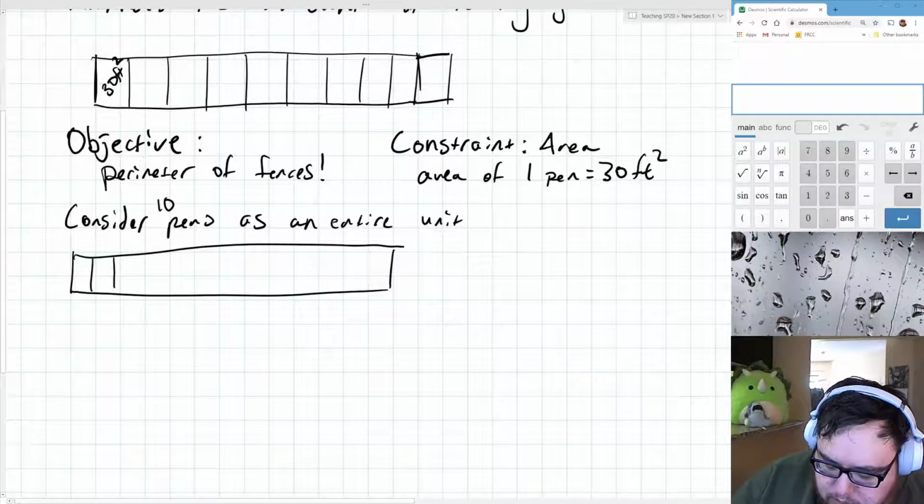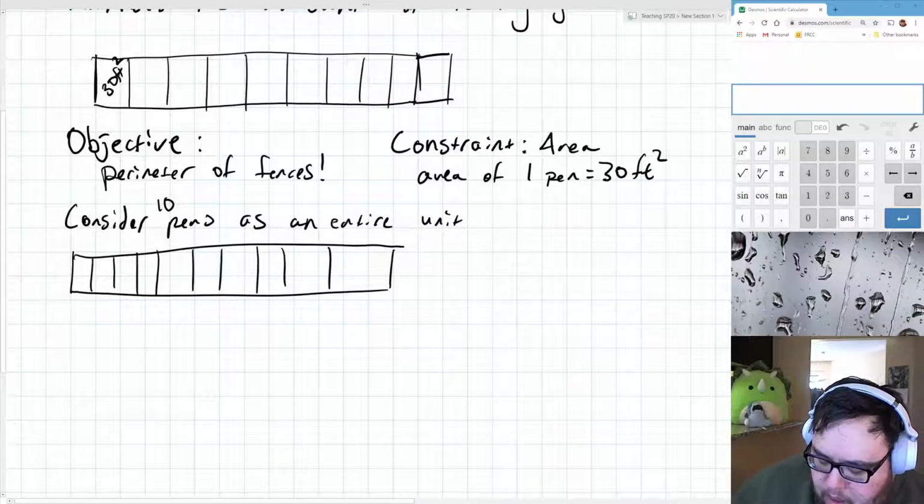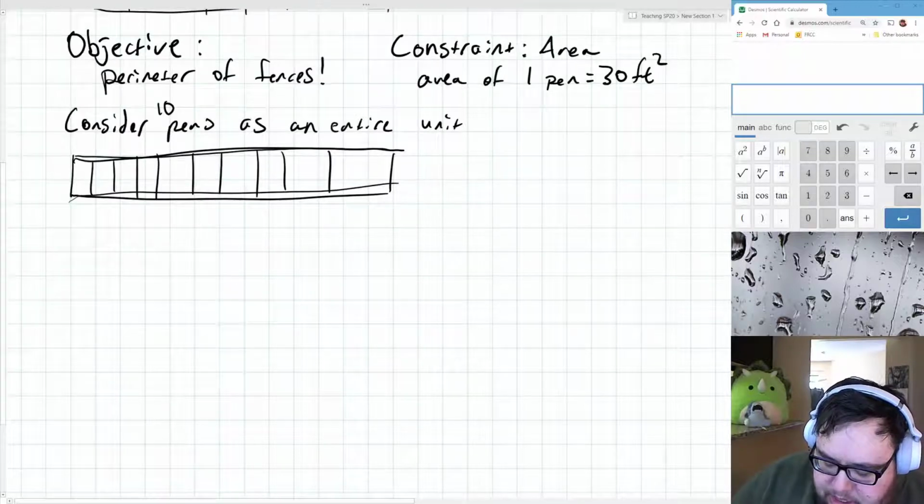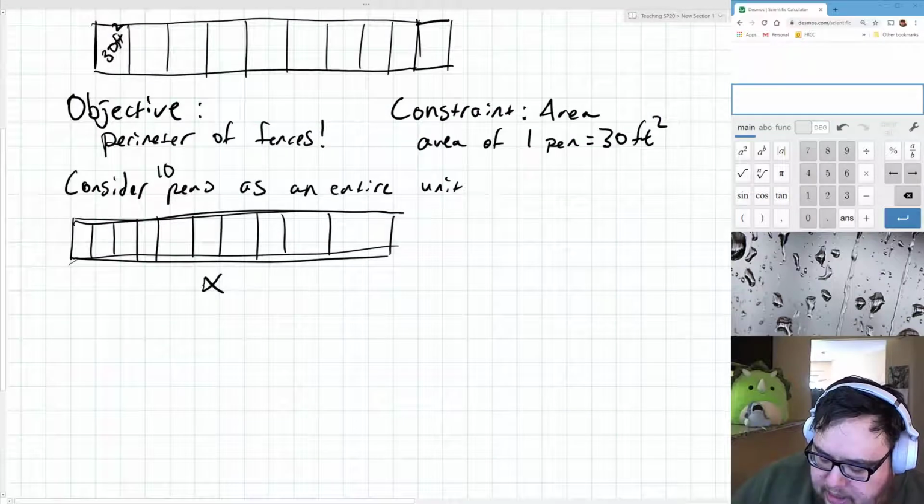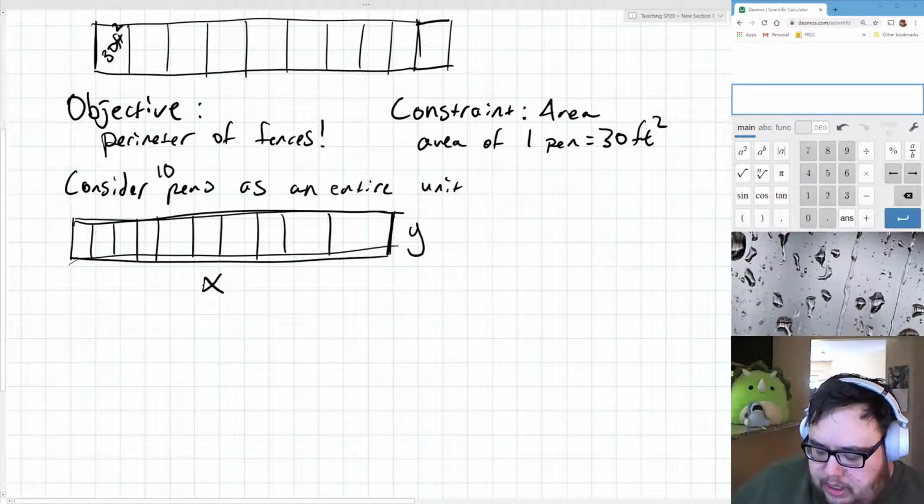1, 2, 3, 5, 6, 7, 9. And we'll let the width of the entire bank be X. And we'll let the height of the entire bank be Y. Okay.